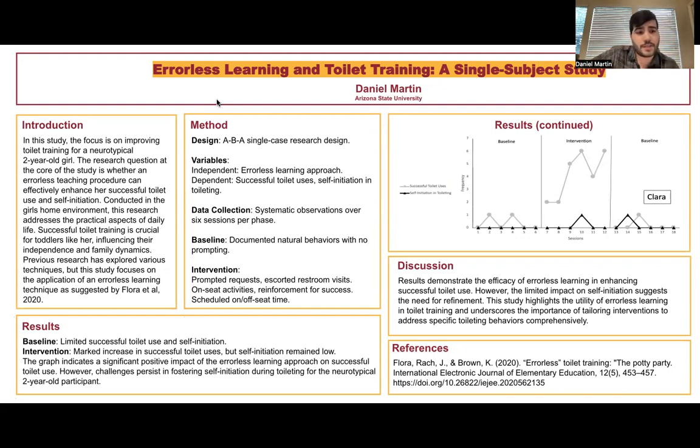Now, let me talk a little bit about my participant. I only had one participant for this study, and it was a 2-year-old neurotypical girl. Mom really wanted her to learn how to use the toilet, and she thought it would make her more independent and that it would help with family dynamics because now mom will have more time to do other things since she wouldn't have to change diapers or take her daughter to the bathroom and so on.